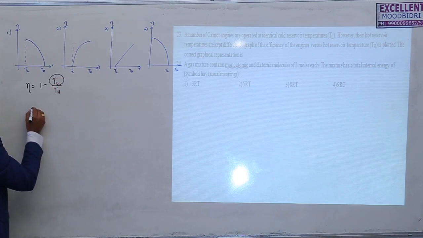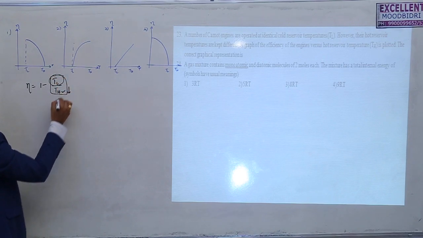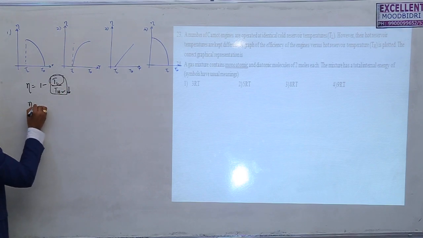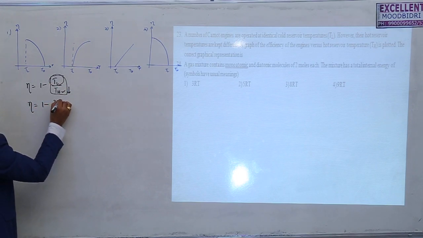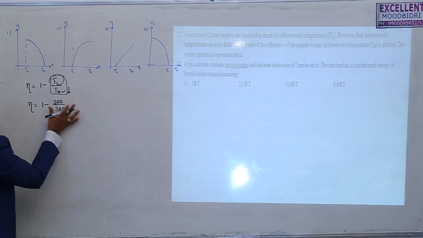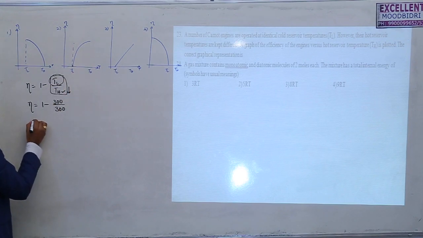So here as TL is constant, as TH increases, this ratio will decrease, because as the denominator increases, this value will decrease. For example, if you take TL as 300 and TH is also 300, efficiency is 0. So when TL and TH are same, the efficiency will be 0.